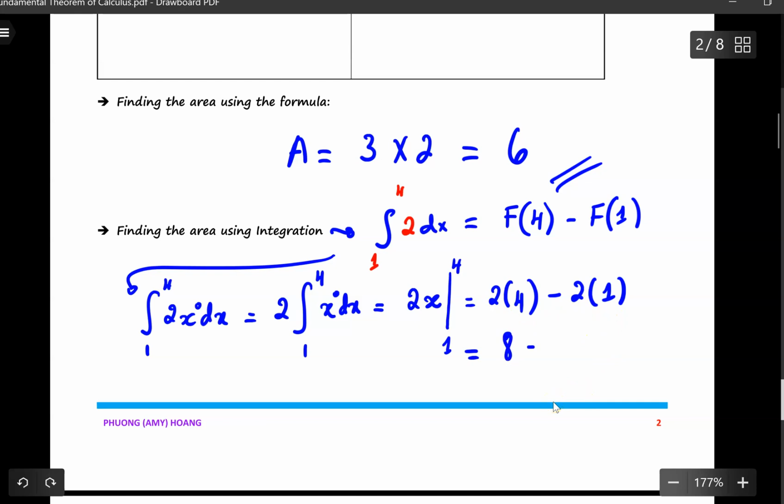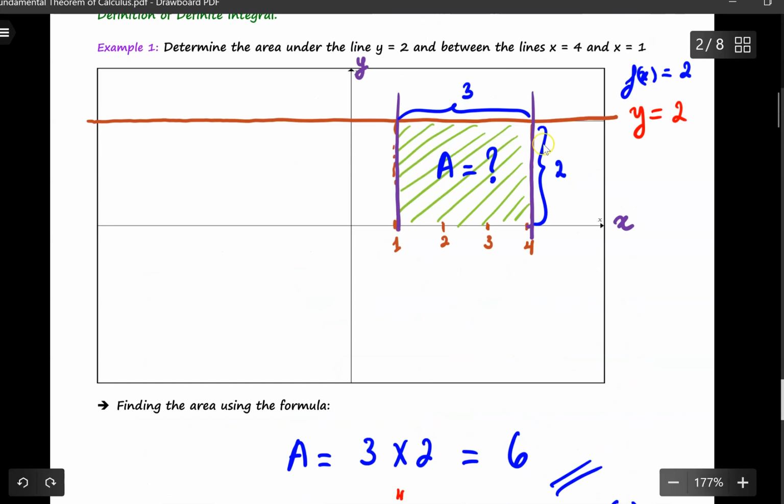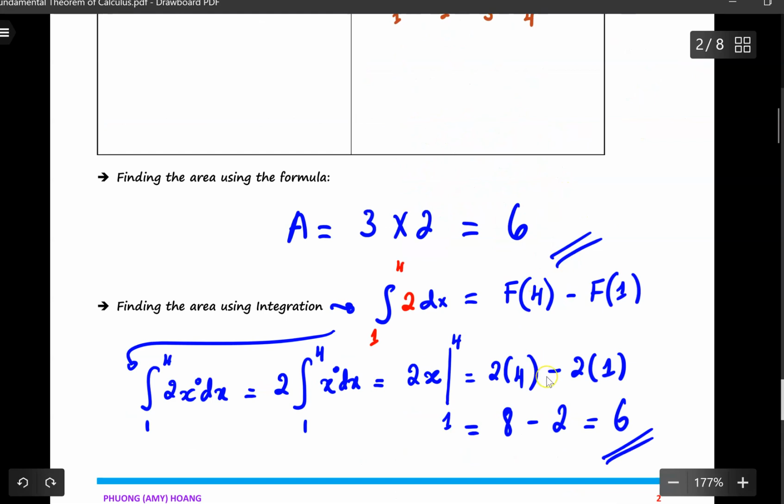So this is 8, subtract 2, I have 6 as the final answer. You see, in this figure, we just have a rectangle, and it's as simple as 3 times 2, we have 6. But if we apply the fundamental theorem of calculus, we also have 6 as well.